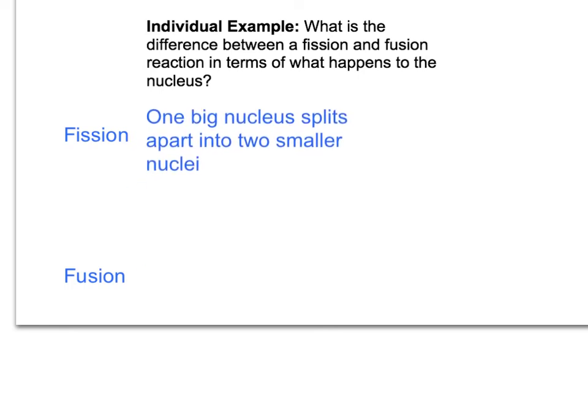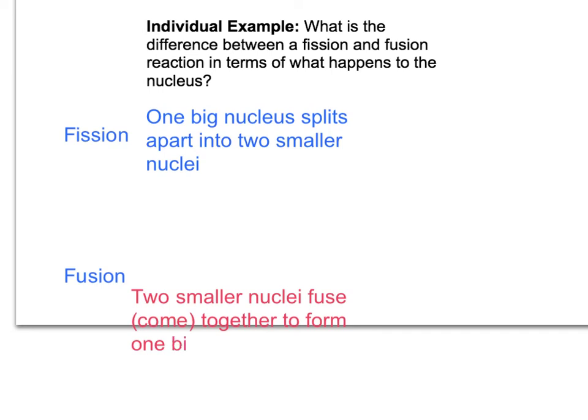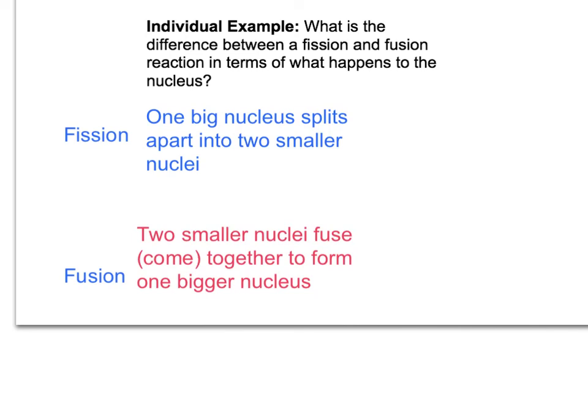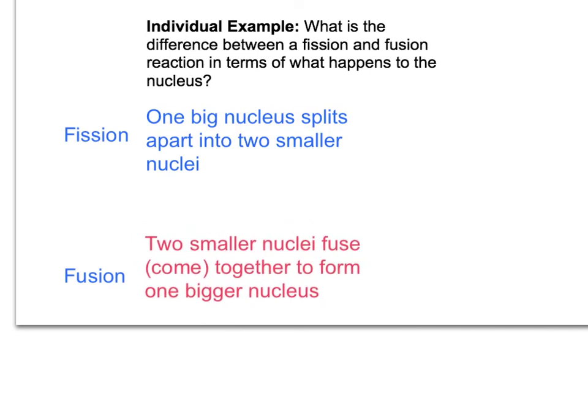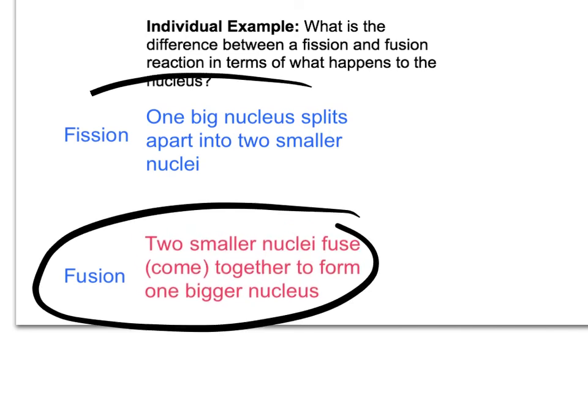Whereas in fusion, two smaller nuclei fuse or come together to form one bigger nucleus. So that's the difference between fusion and fission.